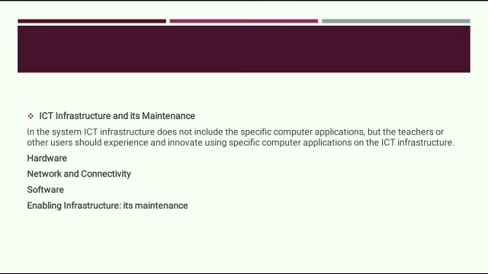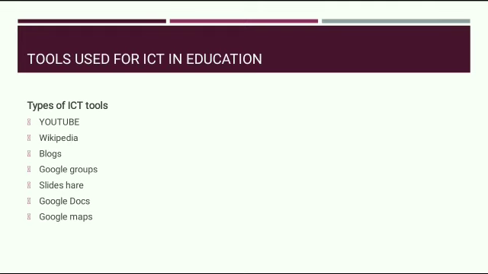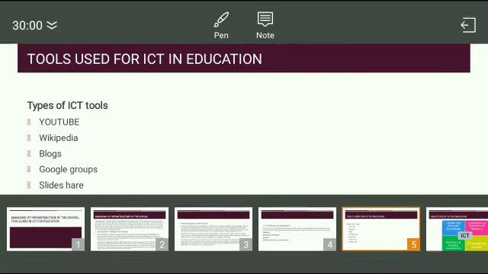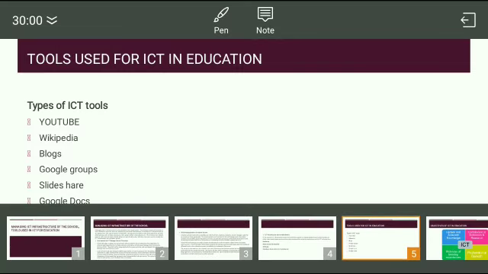Hardware maintenance is one of the most important things. Then network and connectivity, which have to be maintained. Then the software, the maintenance of which is an integral part, and the enabling infrastructure, that is, its maintenance. The maintenance of all those things is included. So this was about the maintenance of ICT infrastructure for schools.